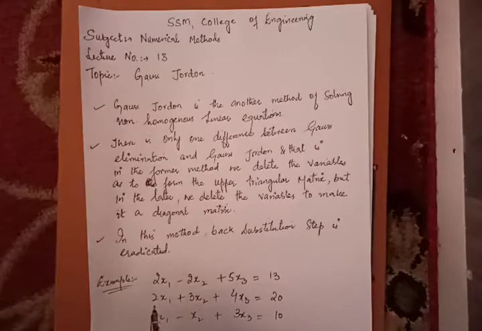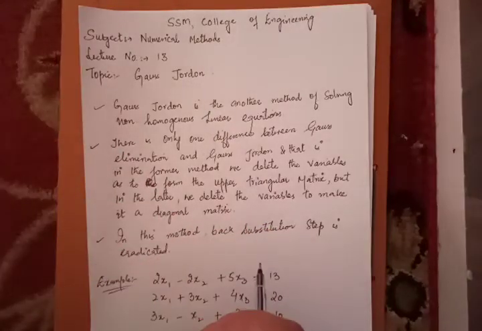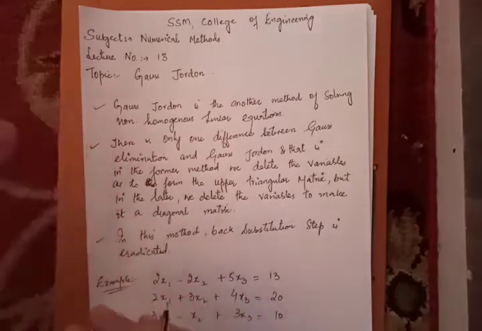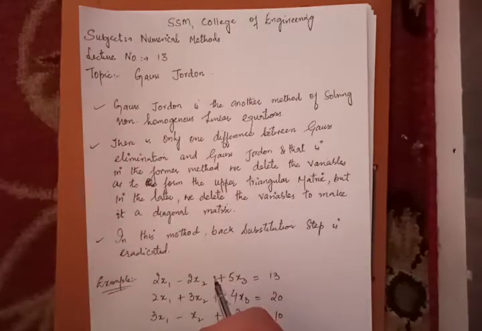Gauss-Jordan is another method for solving the non-homogeneous linear equations. What is the difference between the Gauss elimination and Gauss-Jordan is that in Gauss elimination we converted the matrix into the upper triangular matrix, and then by applying the back substitution method we find the roots of the system of equations.